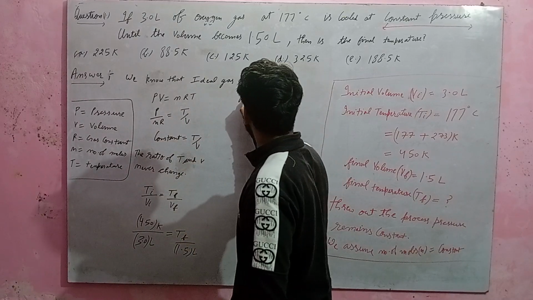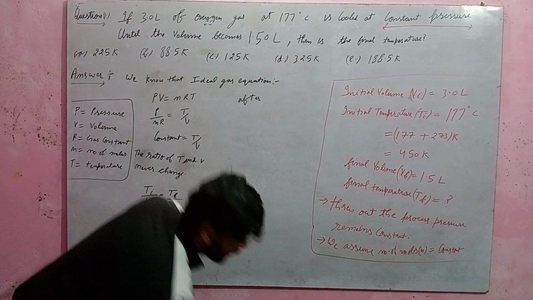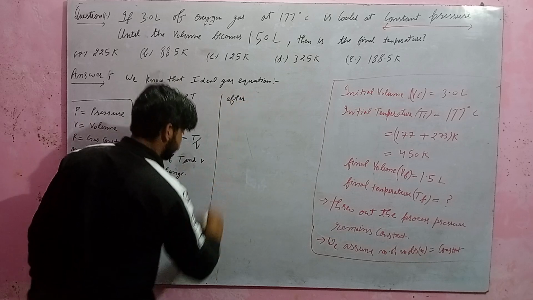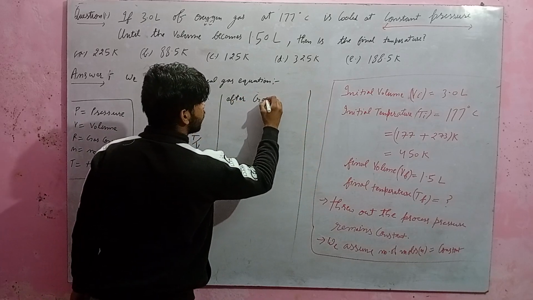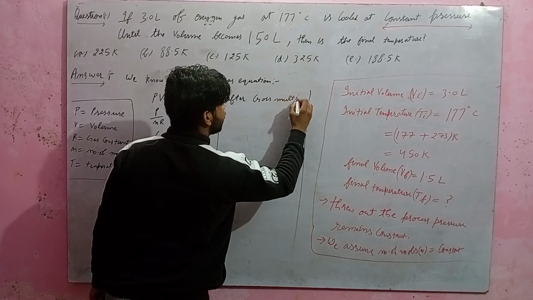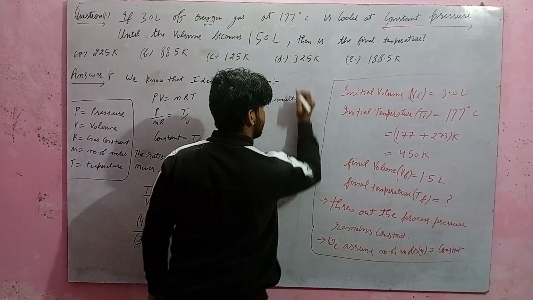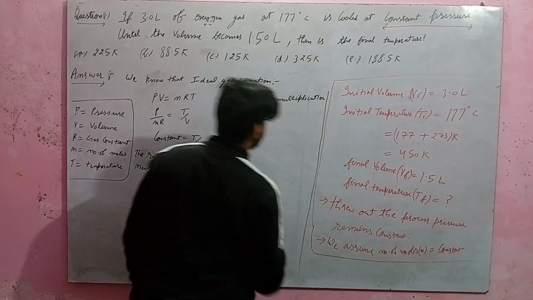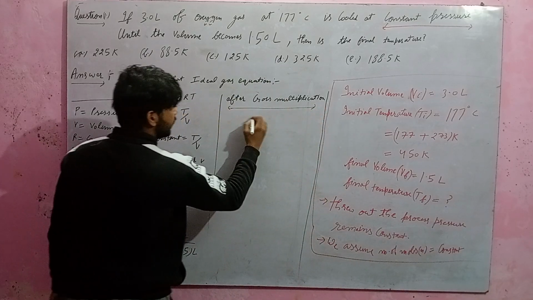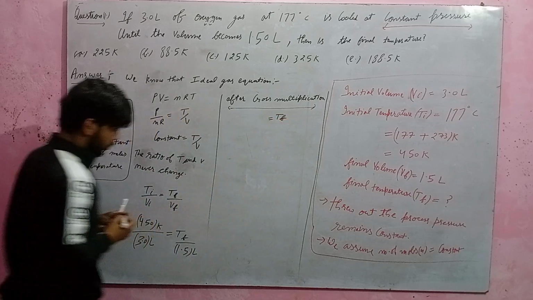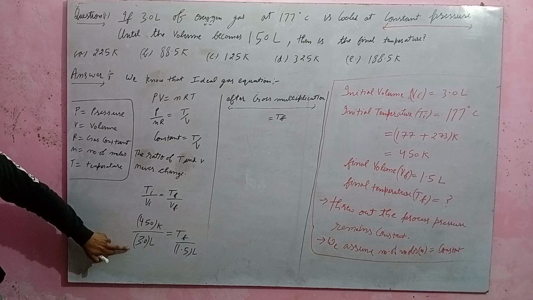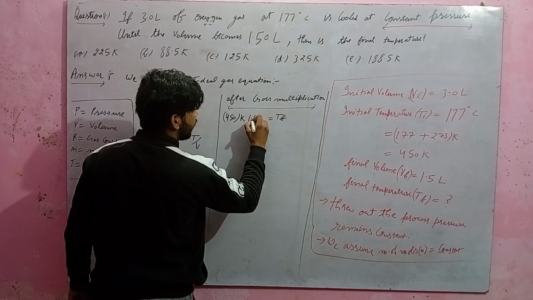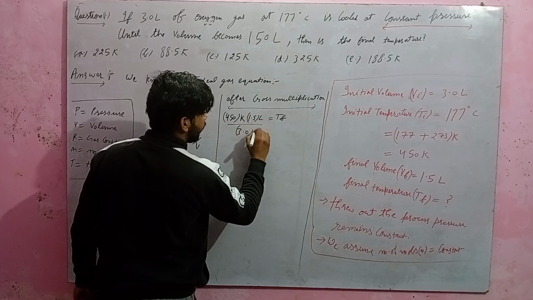So after cross multiplication we get TF equal to 450 K multiplied by 1.5 liter divided by 3.0 liter.